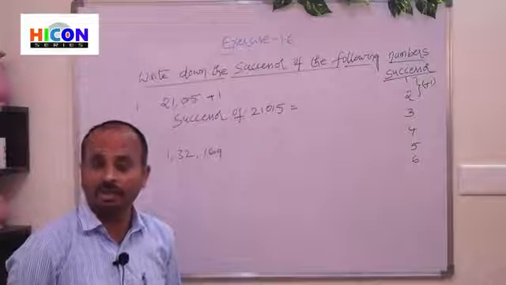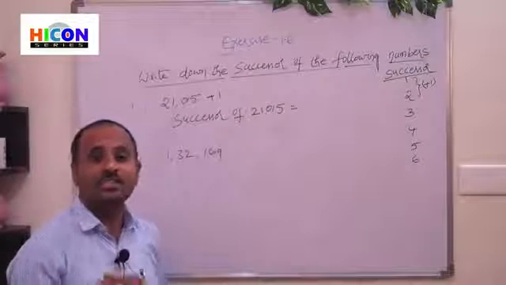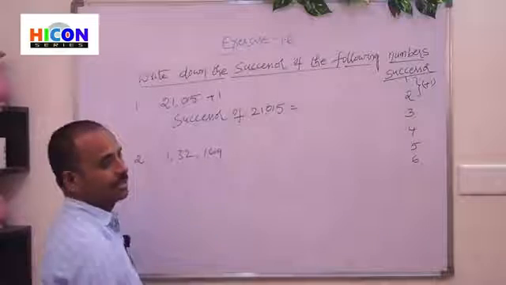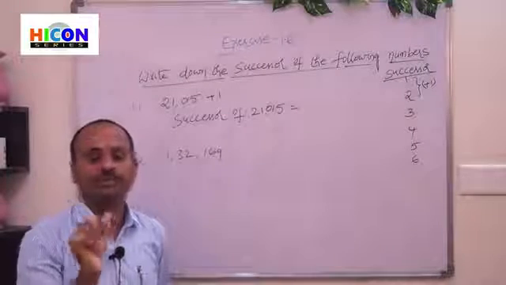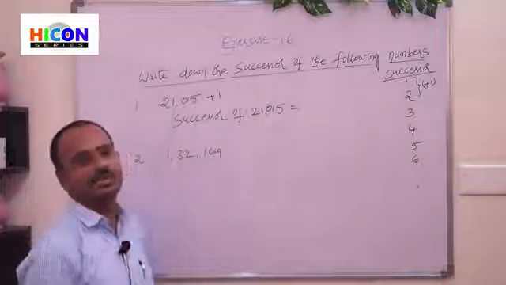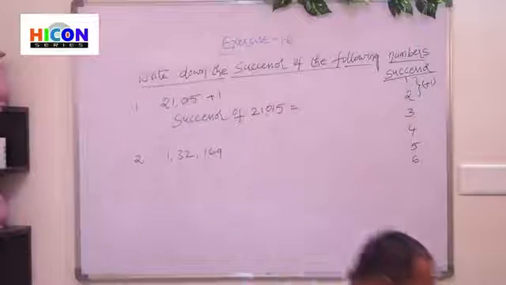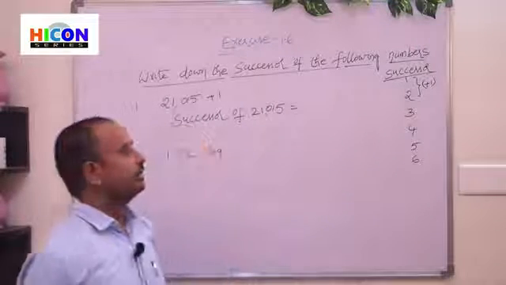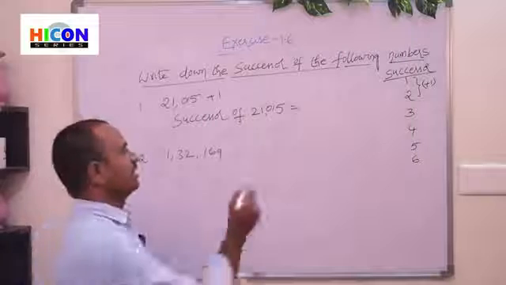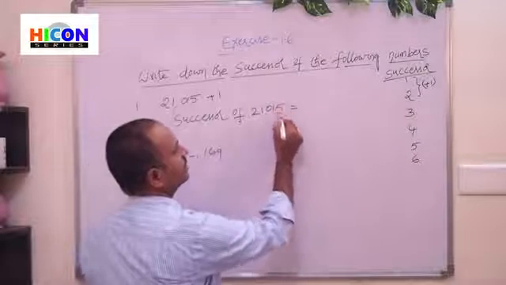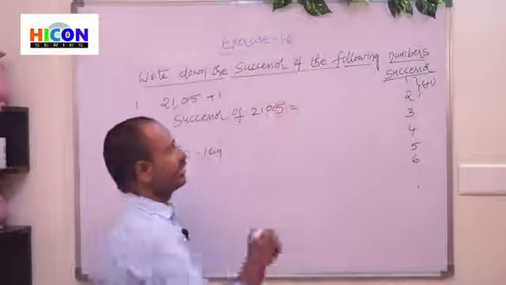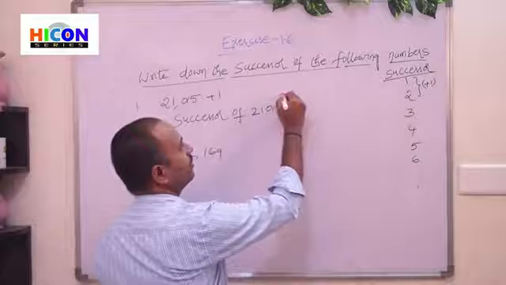Adding 1 to the given number means just increase the digit present in the units place, that means the ones place. Here 5 is present in the ones place.